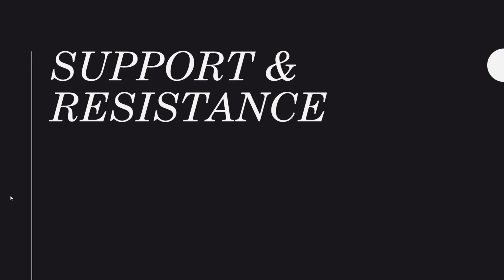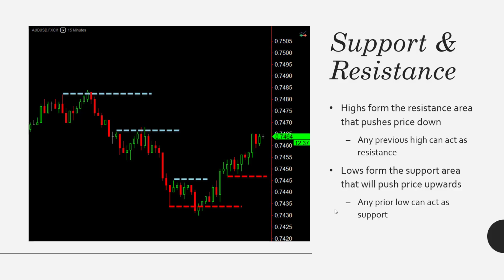Now, I like to combine these techniques with support and resistance. What is support and resistance? Well, any high will form an area of resistance that could potentially push price down. A low forms a support area, and that low will actually push price upwards.